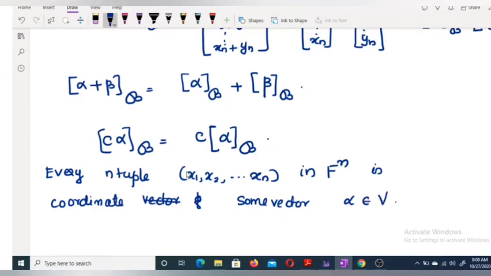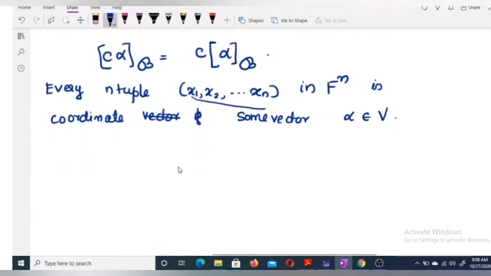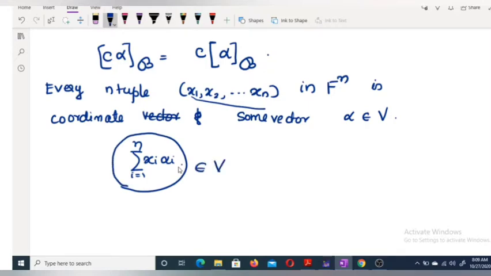If you take any x1, x2, etc., xn in F, we form the sum from i equals 1 to n of xi alpha i. Clearly, this is a linear combination of the alpha i's. Therefore, this belongs to V, and mark this as alpha. Then alpha equals the sum from i equals 1 to n of xi alpha i.